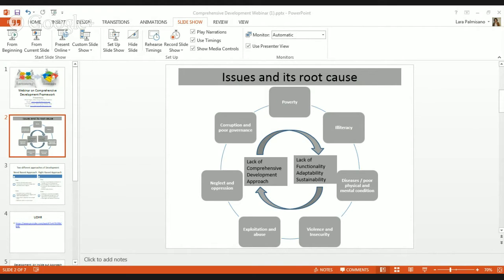Many development efforts, as you can see in our slide, have failed because they focused on only one element of development, without an interdependent approach with the other elements. A lack of a comprehensive development approach, in fact, brings a lack of functionality, adaptability, and sustainability.